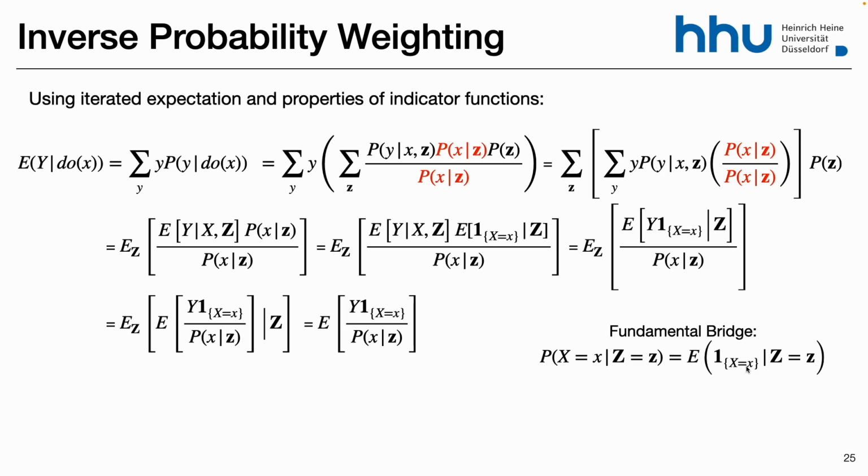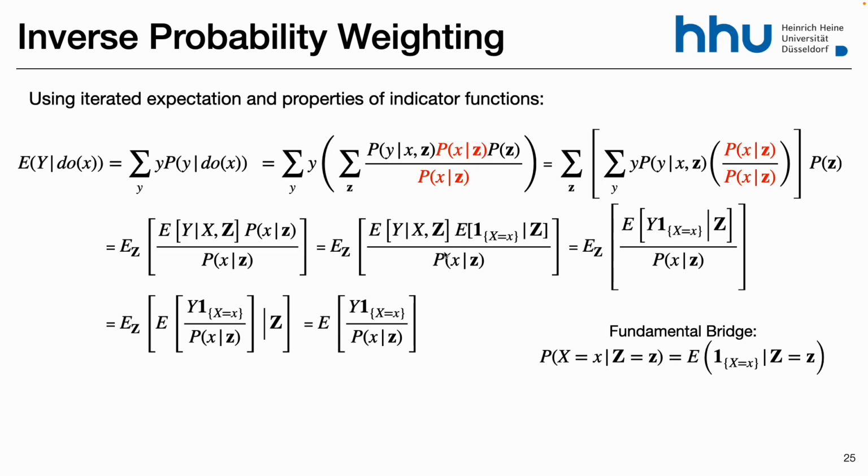So basically I'm just getting the expectation of the counting. It's the same thing. So in the numerator I'm replacing this probability with the expectation of the indicator function. Here it should be z equals to little z.